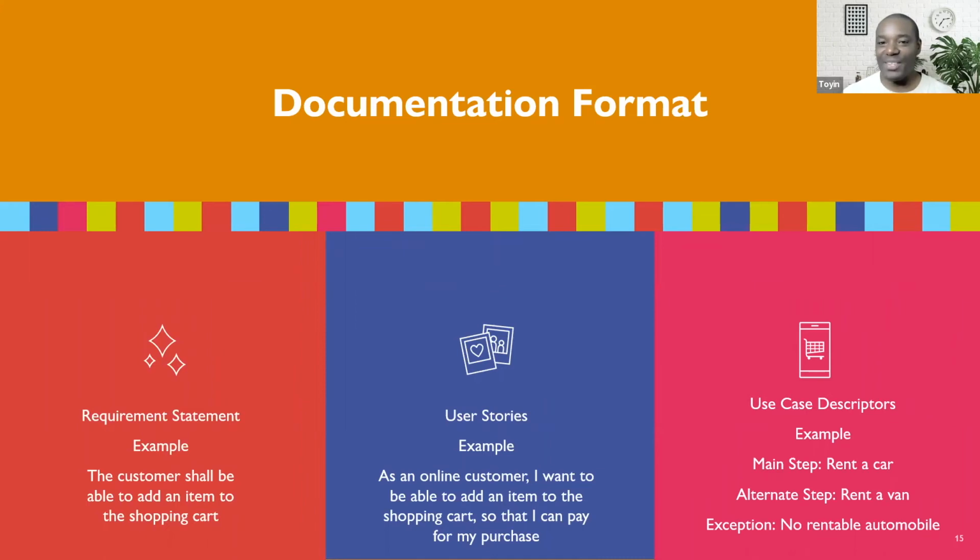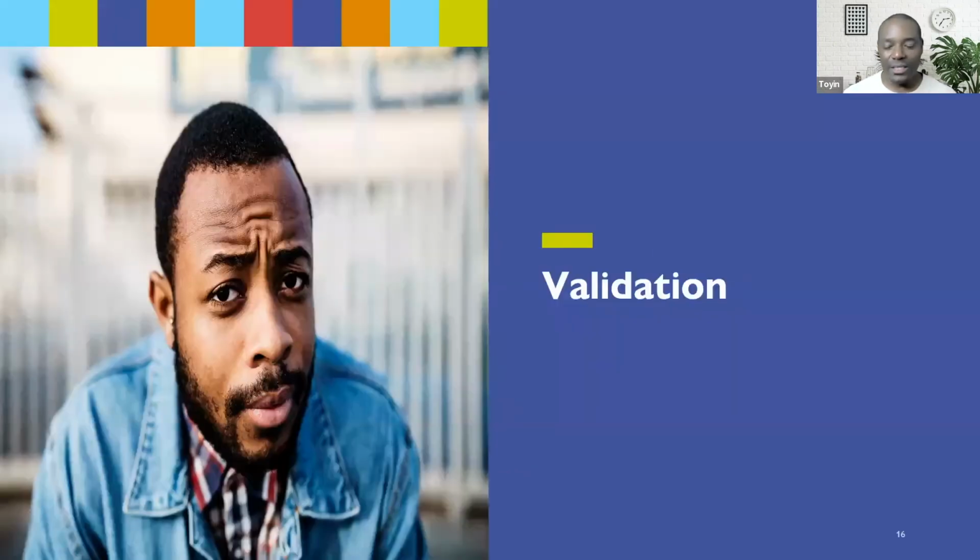So let's talk about the next step, which is your validation, right? Requirement validation. Now, the goal of your requirement validation really is to verify. Okay, Kenny says he's used use case before. Oh, that's good. So you must have worked in a very technical organization for you to have done the use case.